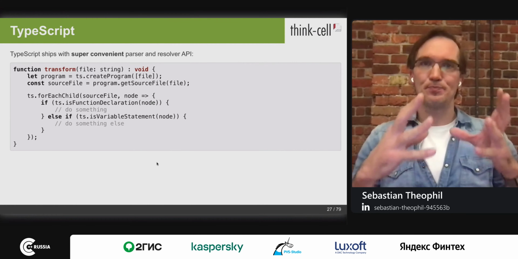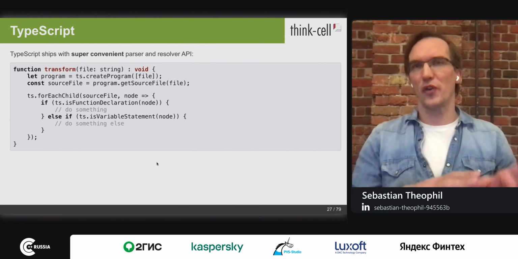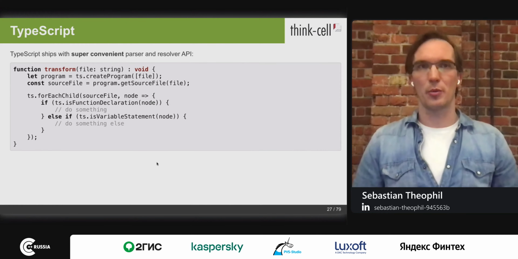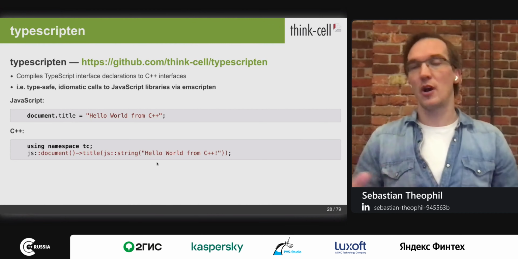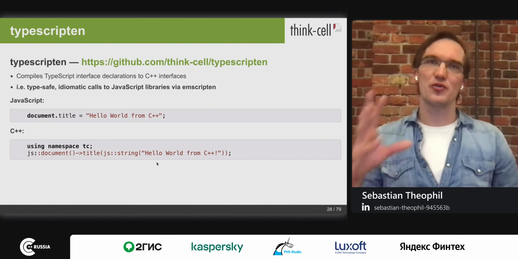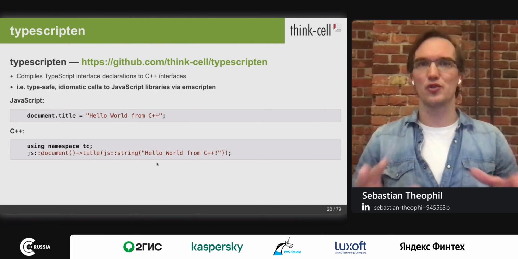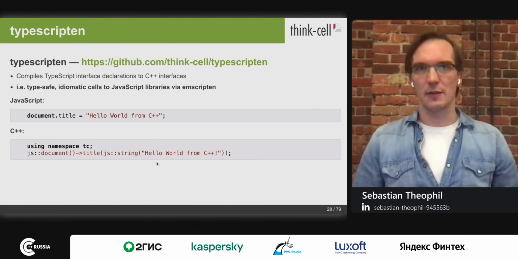So we can use that API to translate TypeScript interface definition files to C++ header files that you can include in your project. And that's what our TypeScripten tool does, which is published on GitHub. It allows you to write typesafe and idiomatic calls to JavaScript libraries based on the emscripten runtime that we have already seen.